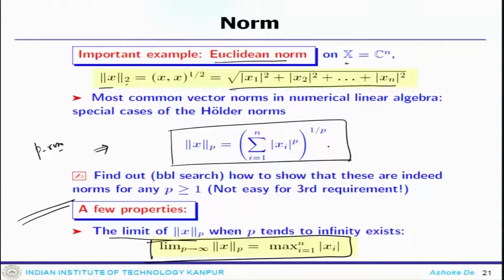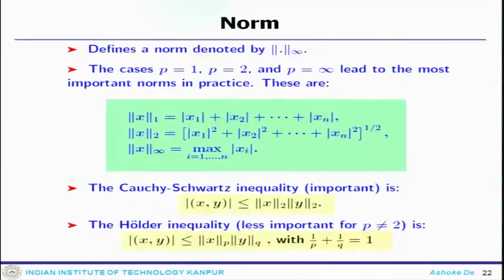So, different norms can be obtained like that. Now, you define a norm denoted by the subscript infinity.